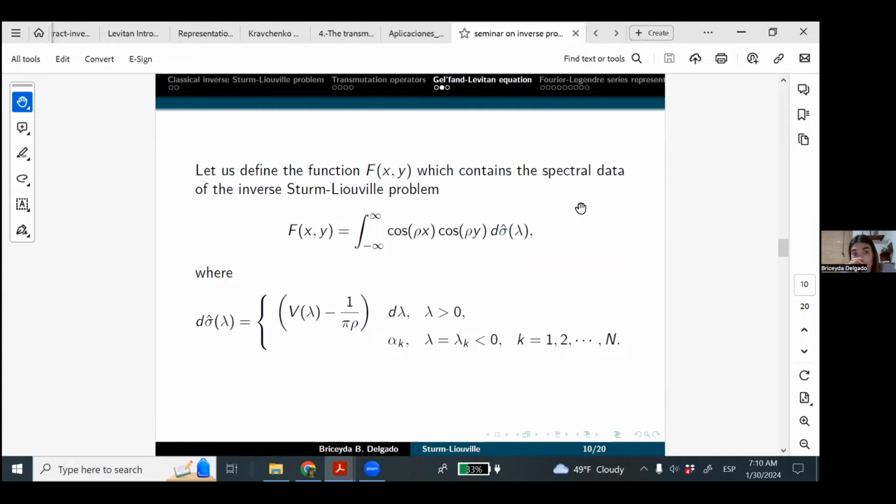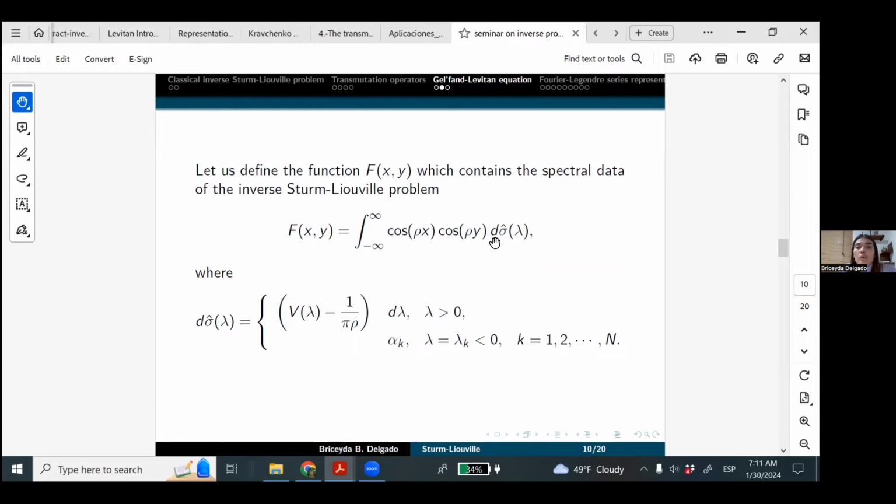Now we are going to define the function f, which contains the spectral data of the inverse Sturm-Liouville problem. Here f is equal to the integral of this multiplication of cosine functions, and here in the differential we have the information, the spectral data.